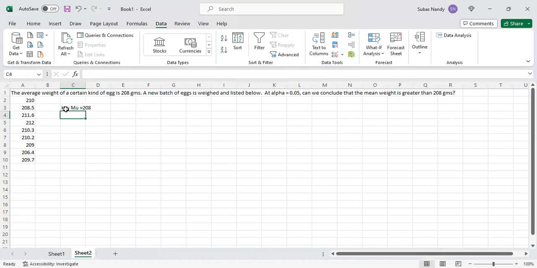And the alternate hypothesis, for which we have to go through the evidence in the sample that we have collected, either to support it, or if there is not enough evidence, then we'll reject it. So HA, the alternate hypothesis or the test hypothesis, is mu greater than 208. Okay.